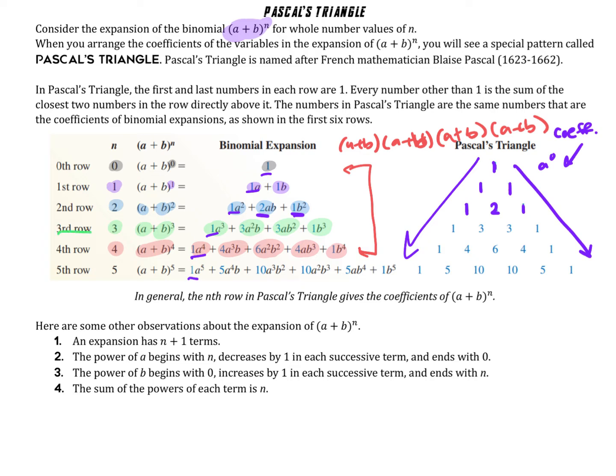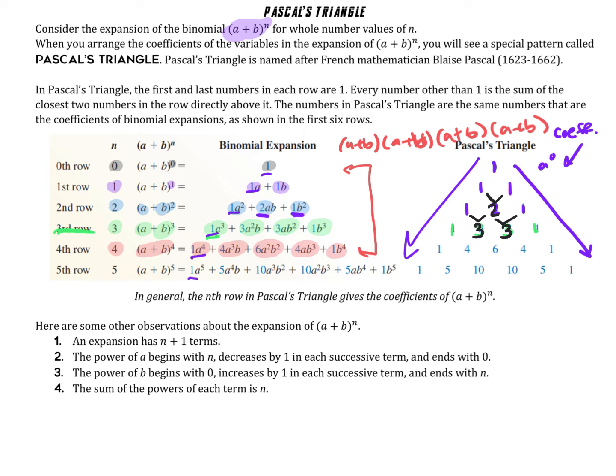In our next row, we see that we have 1a cubed plus 3a squared b plus 3ab squared plus 1. What I want you to also notice is that the way that we could get these numbers is simply by adding the two numbers right above it. And that's not a coincidence. That is a part of what is happening when we're expanding those polynomials. So 1 plus 1 is 2. 2 plus 1 is 3.